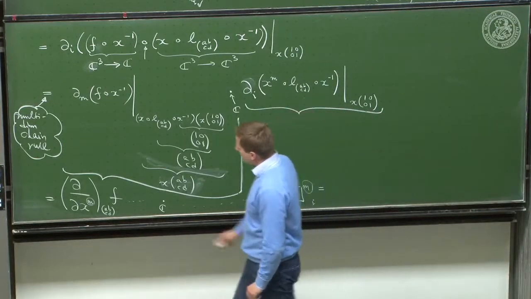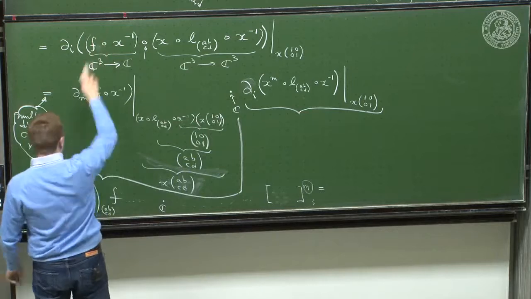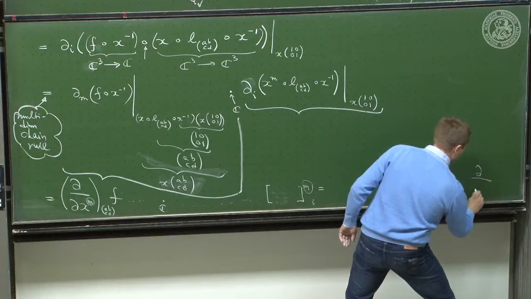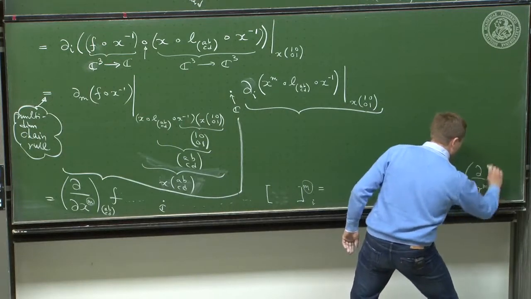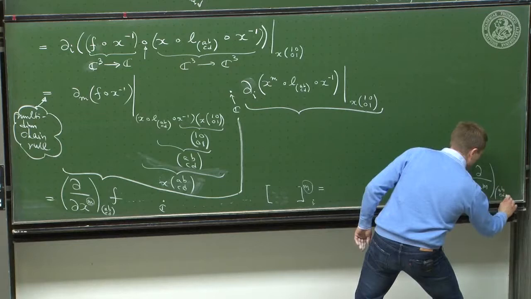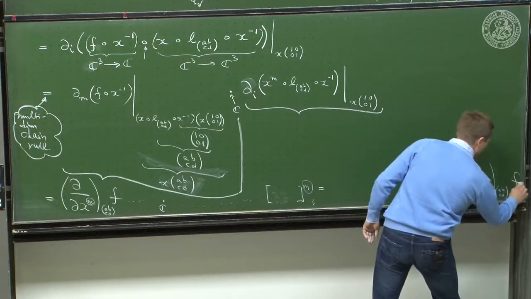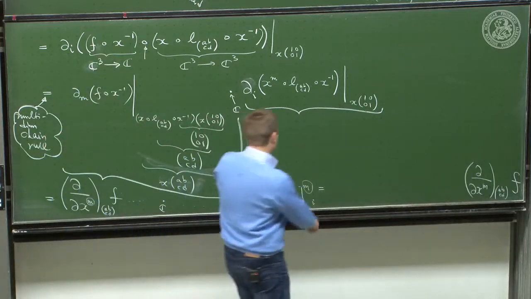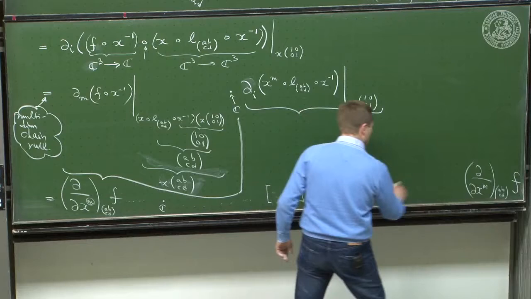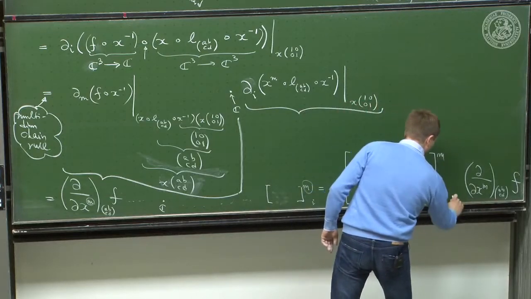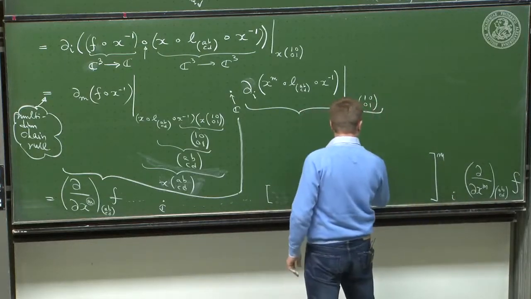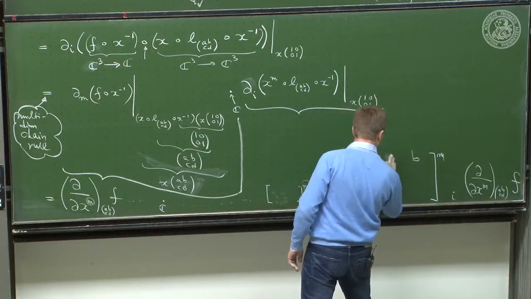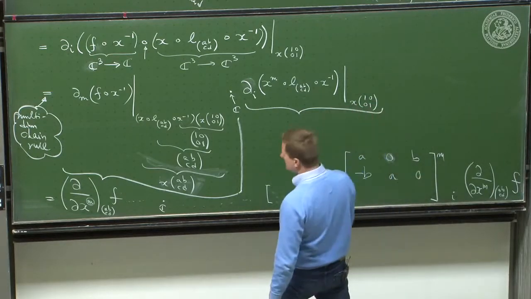I acted on this F, and because this is a complex multiplication, I can write d by dxm at the point A, B, C, D of SL2 C acting on an F. I put the F to the right-hand side, and in front I have this factor matrix, Mi, which is A 0 B, minus B A 0, and C 0 D.